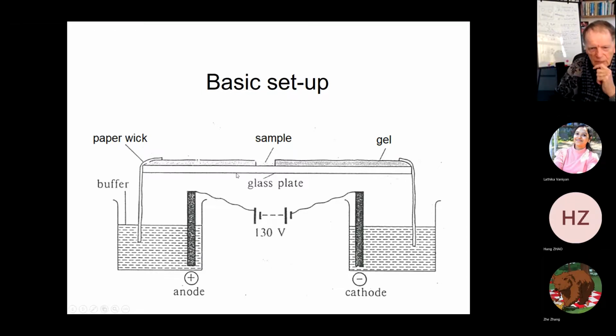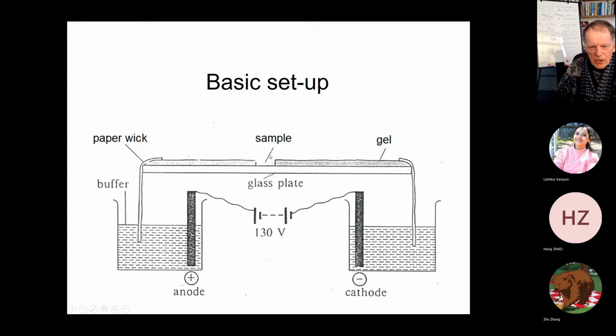So let's say we put our solution of, let's say, protein in this sample well, and then we have an electrical circuit across this setup here. This end is connected to the anode, so this is the positive end, and this end is connected to the cathode, and this is the negative end.